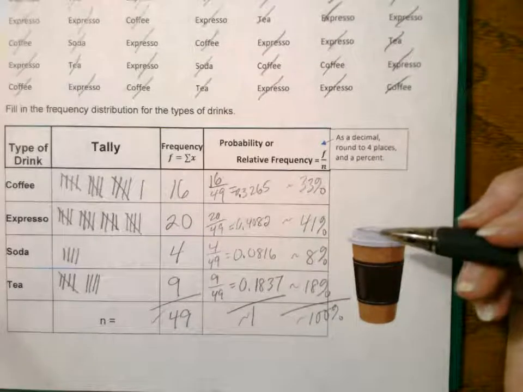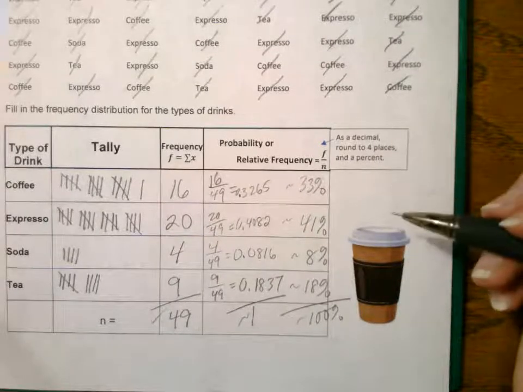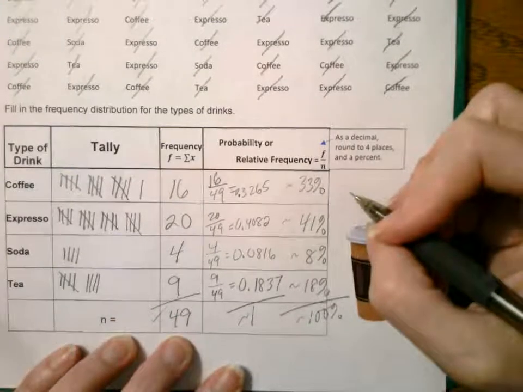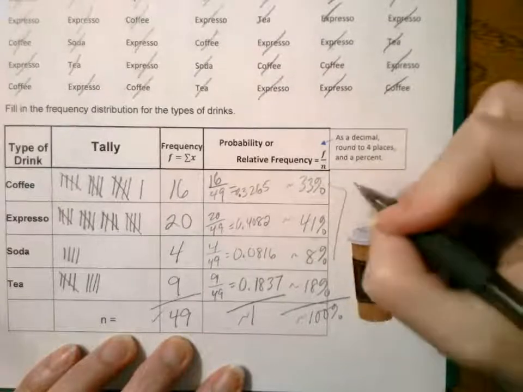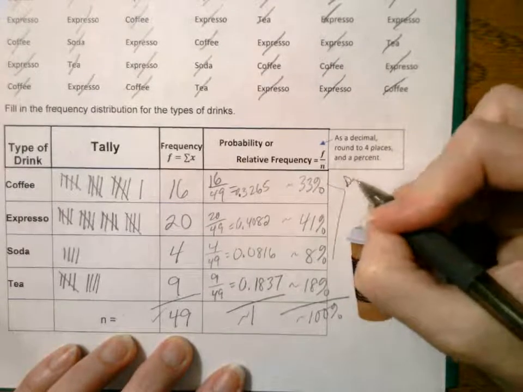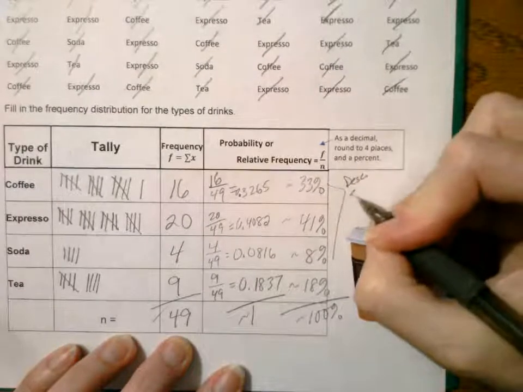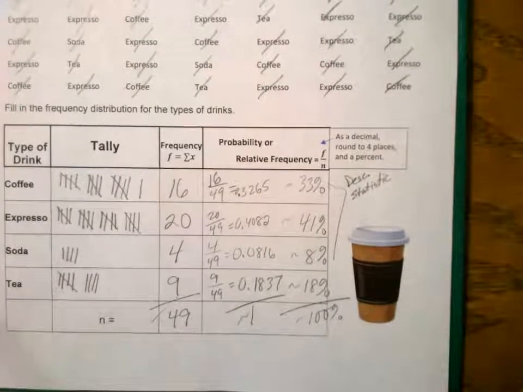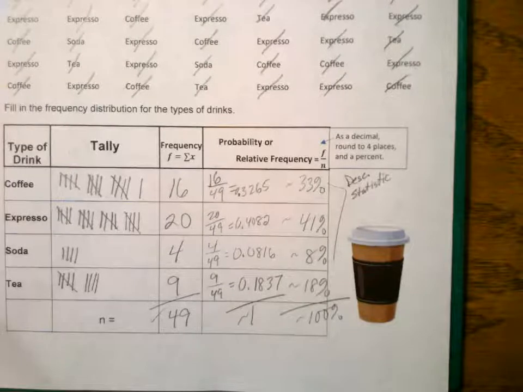What I'm saying just now would be inferential statistics. These numbers here are descriptive statistics. Statistics, by definition, is the results that you get from a sample summation.